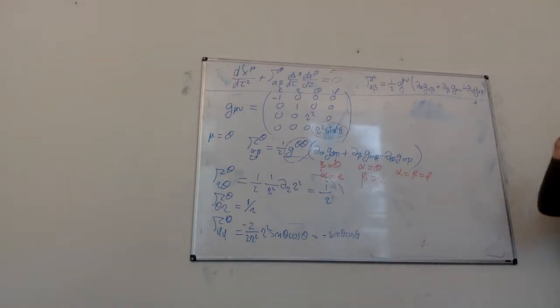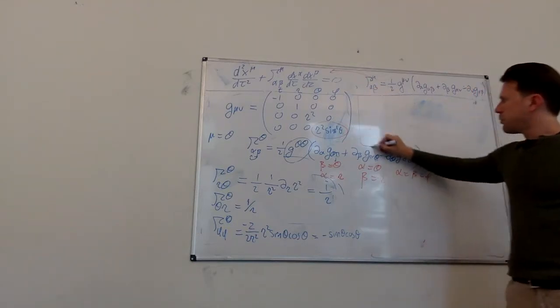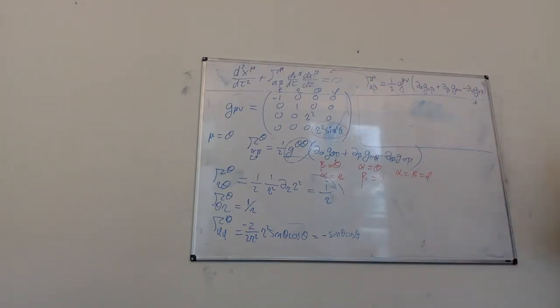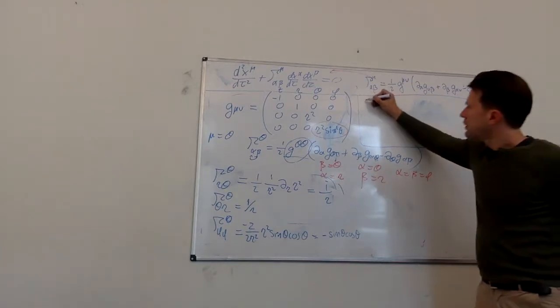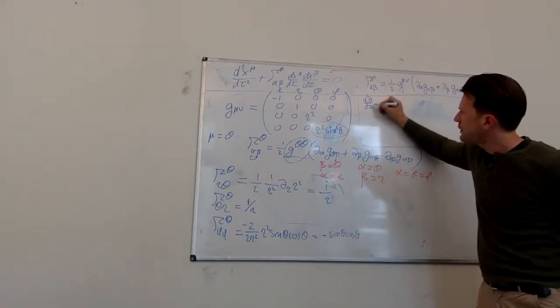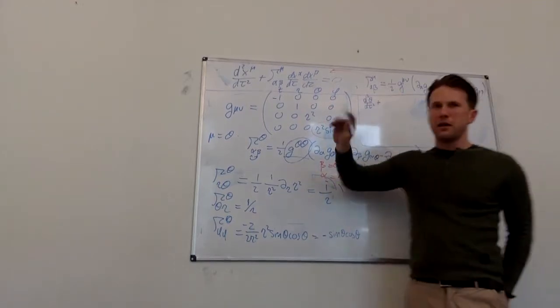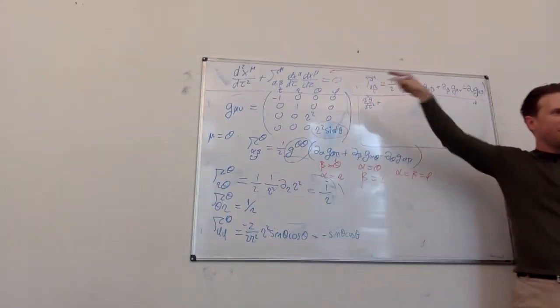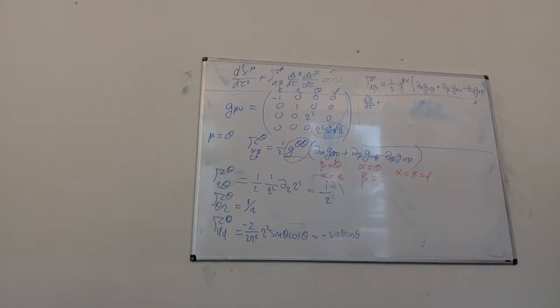Let's write down the corresponding geodesic equation for theta. Let's make a little box here where we're going to write the resulting geodesic equations. Somebody really wanted to start with the theta geodesic equation. Okay. I've written down the first term for you. That's the easy one. You tell me what the other ones are.